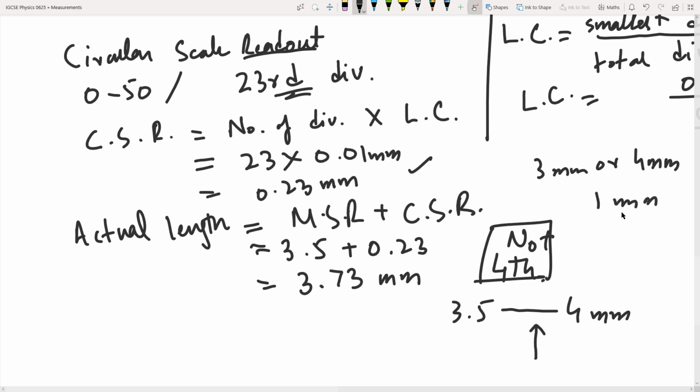So you cannot differentiate between these two, right? There's a huge gap in terms of the micrometer or screw gauge between these two digits, from 3.5 to 4 millimeters, right? So this is how you take measurements using a screw gauge.